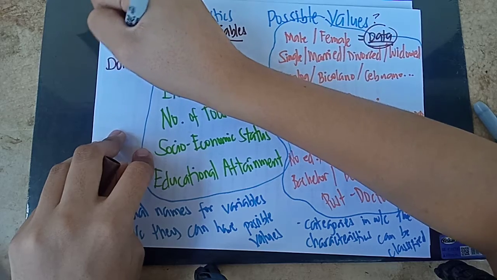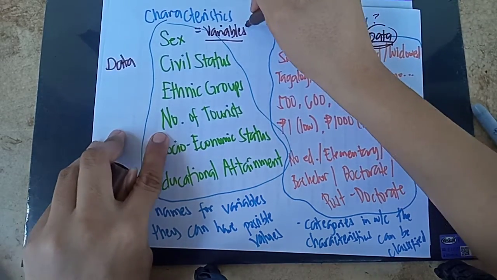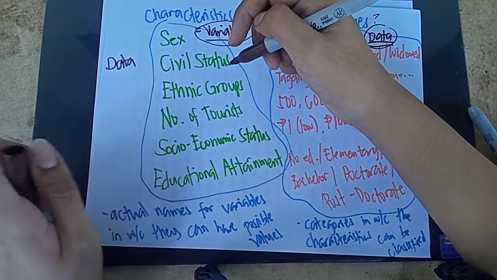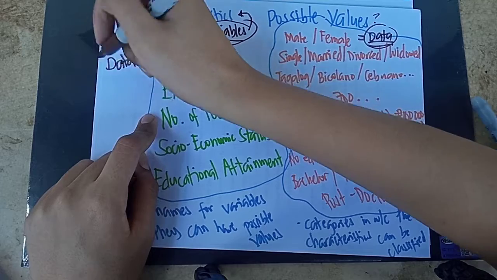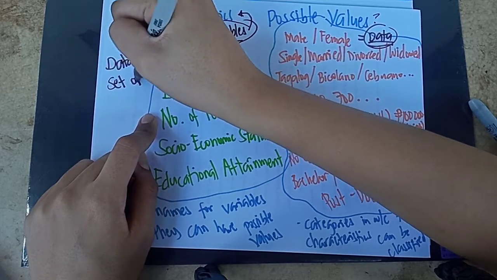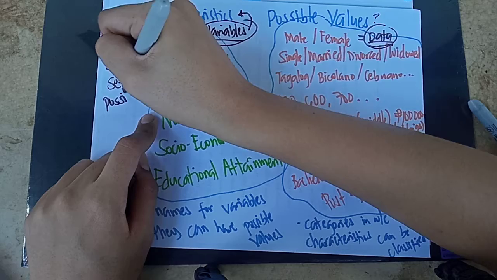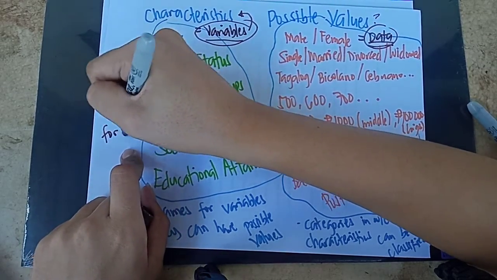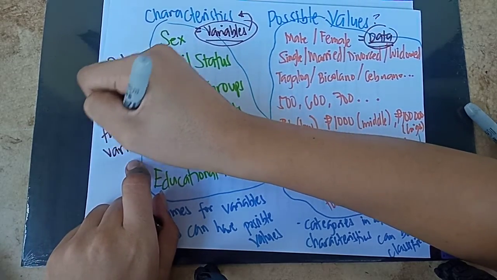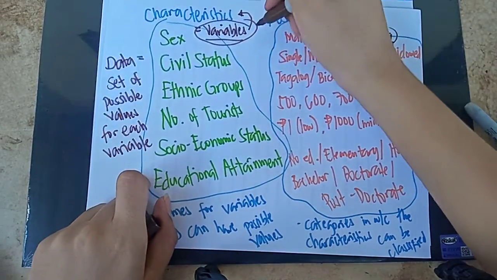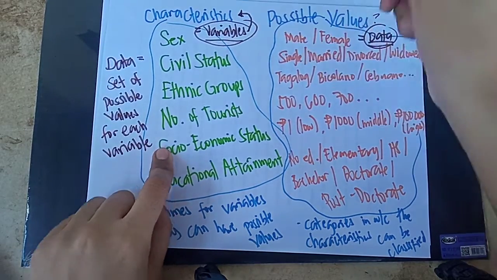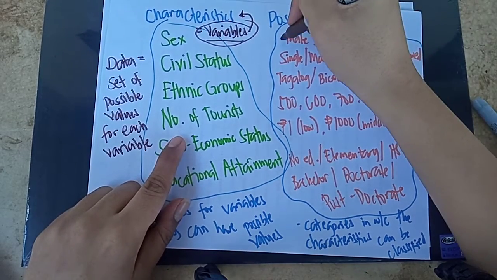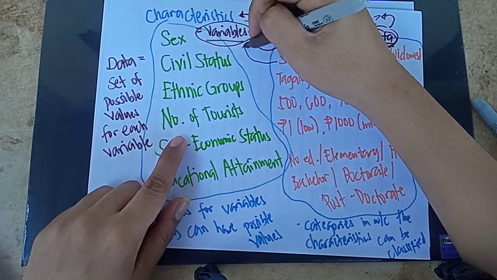If the variables are the set of characteristics, then the data is the set of possible values for each variable. So, the data would be our set of possible values that is related to each variable.